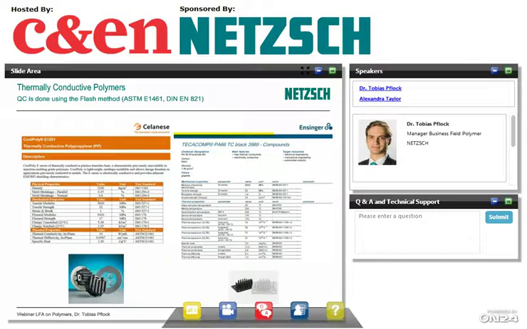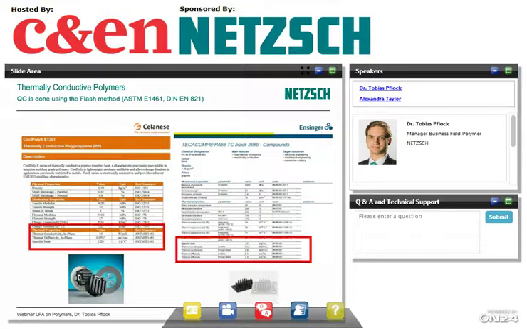And the interesting thing is, if you look closer at the data sheet, of course, they have to specify thermal conductivity, because this is the property by which these polymer compounds are adjusted. And if we take a close look at the standards, they both mention different standards. In the case of Celanese, it's the ASTM E1461.